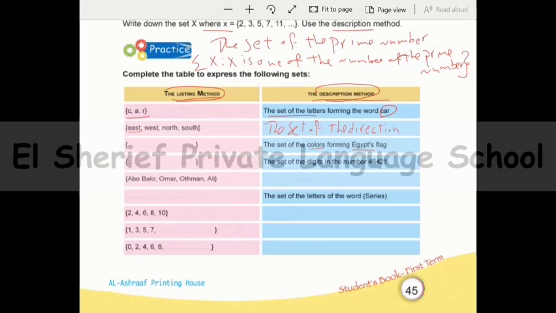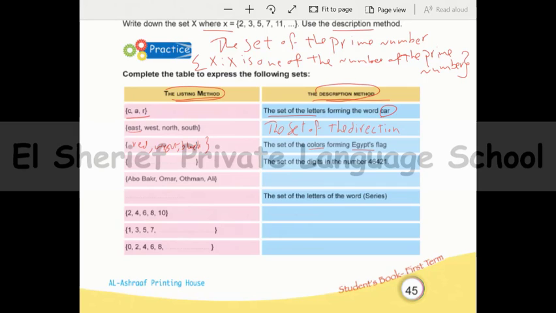We need the listing method: red, white and black, and close the set.